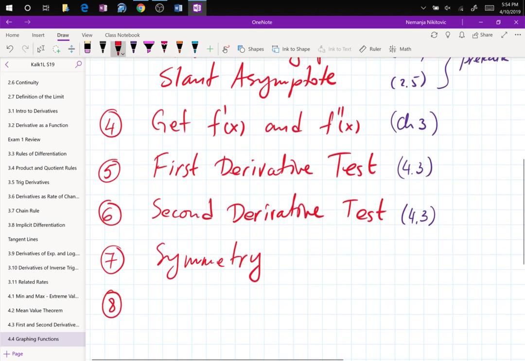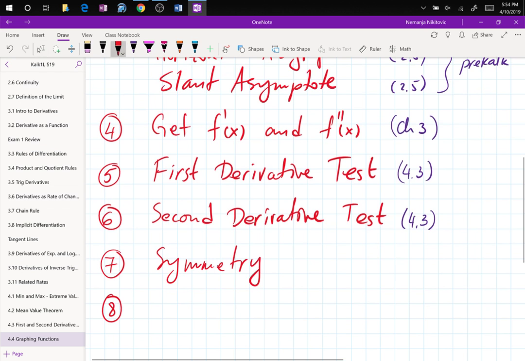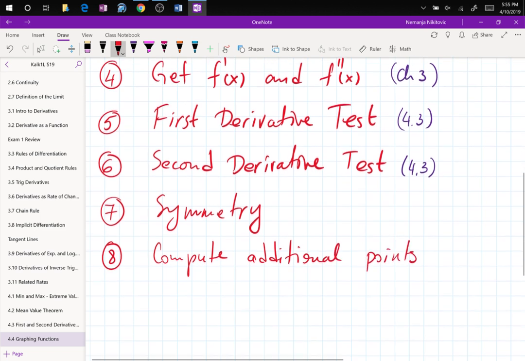Number 8 is compute additional points. That's pretty cool. You literally pick x's and compute y's, right?